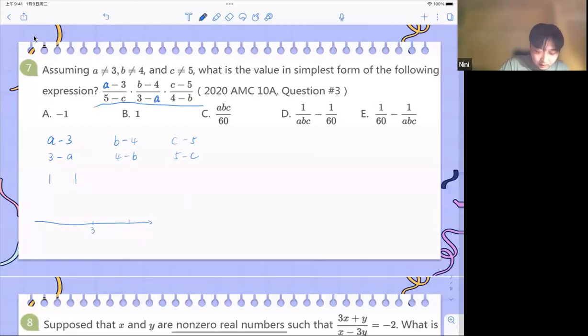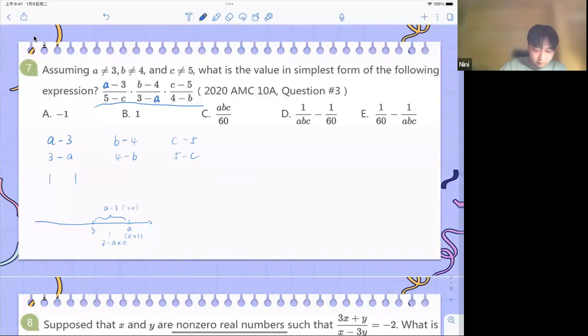If I write down A here, that means A is larger than 3. Then this kind of distance could be expressed as A minus 3, because this one would be bigger than 0. Then what if we write down 3 minus A? For this situation, this part must be smaller than 0.